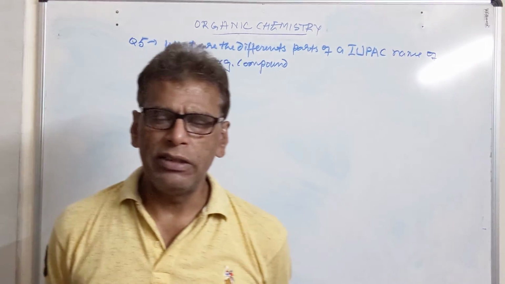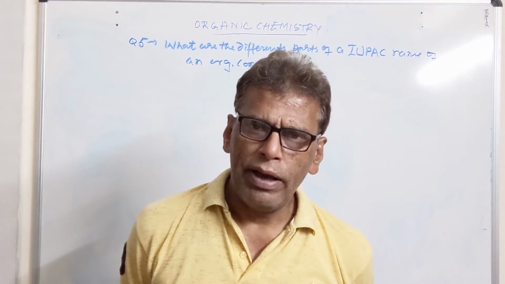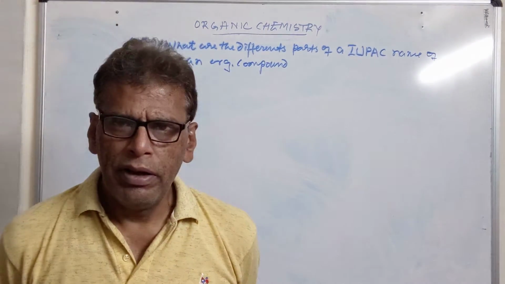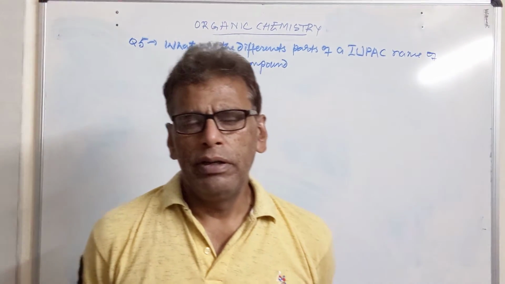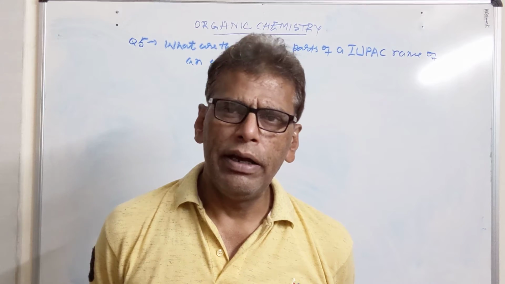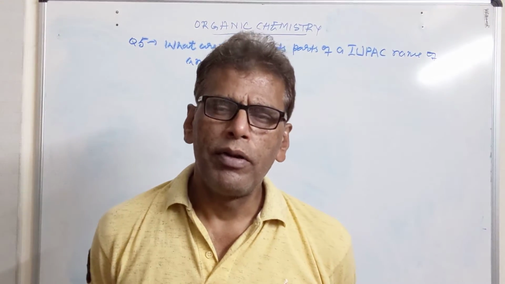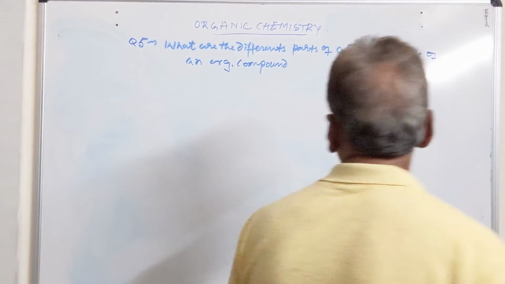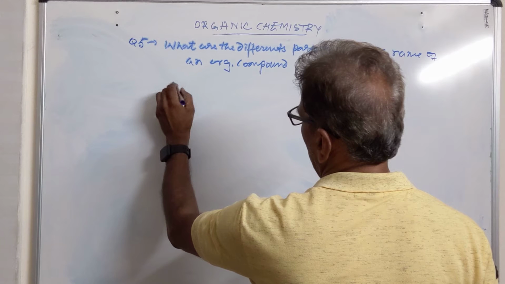Ram indicates he is Hindu, Kumar indicates he is not a Sikh, and then he is Sharma, so that he belongs to a category of wise people, Brahman. Similarly, we have 3 parts of the organic name.